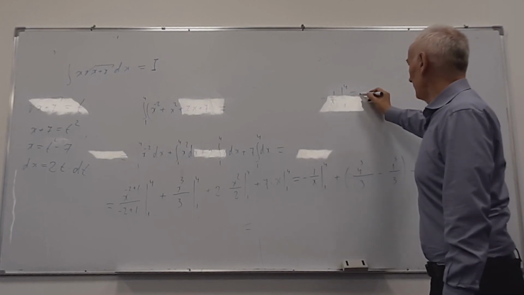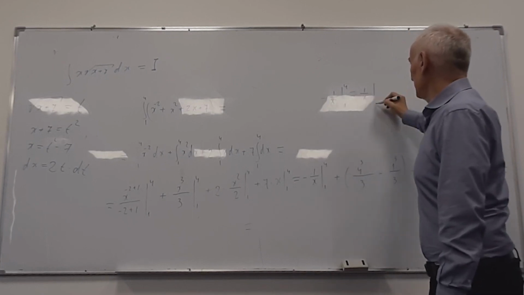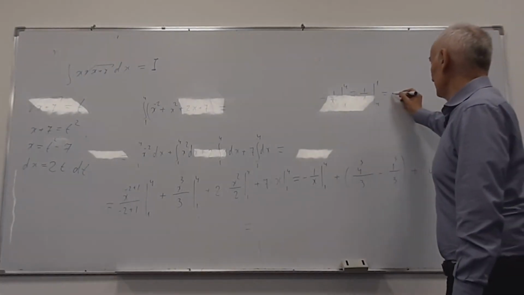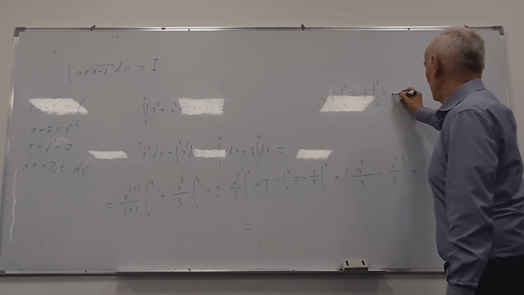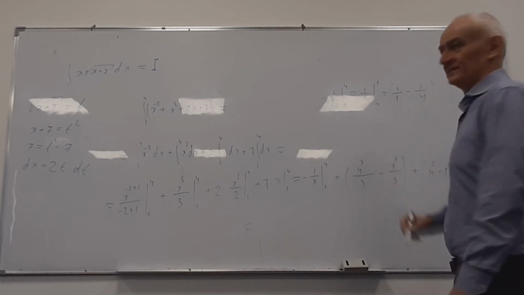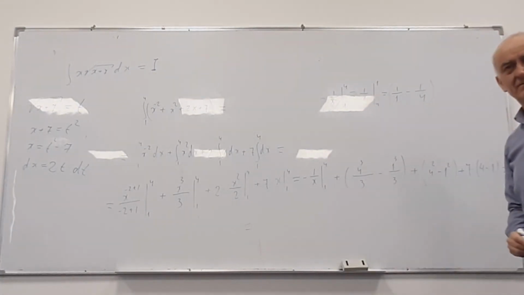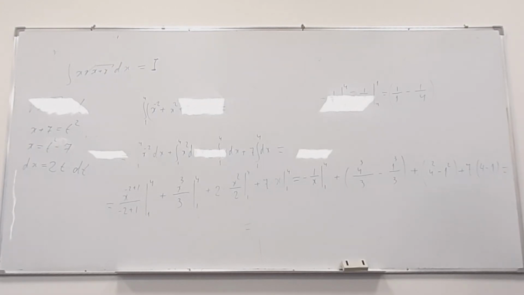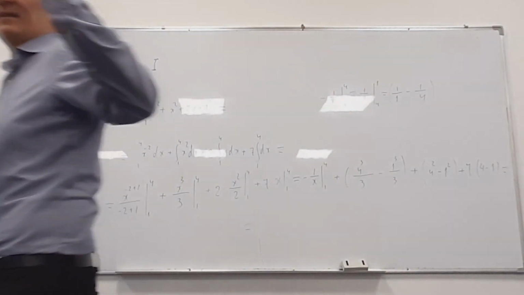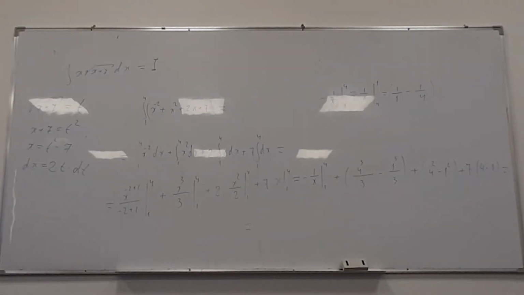So it will be 1 over x and the limits 4, 1. And it's going to be 1 over 1 minus 1 over 4. And you need just to calculate it and write down the final answer. Do we need here constant c? No, because it's not a set of functions. It's not a function.